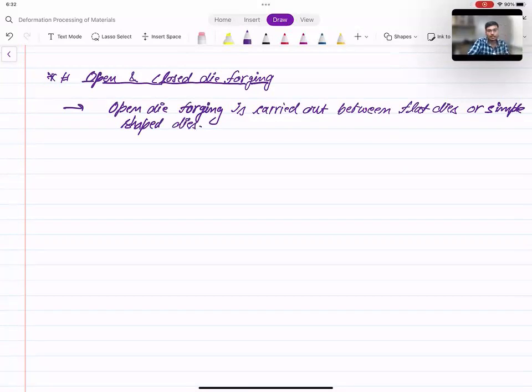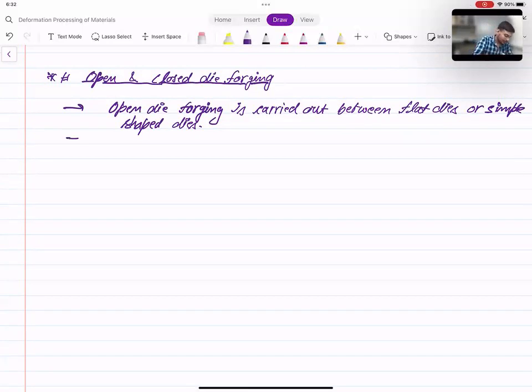This process can be used for forming a very large number of components in a short time, which means very rapid production can be achieved.